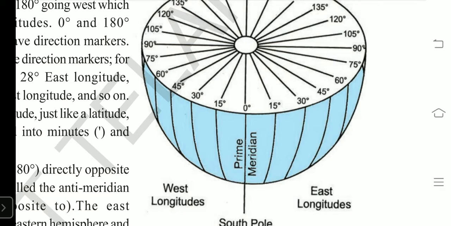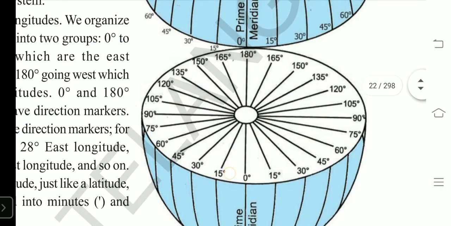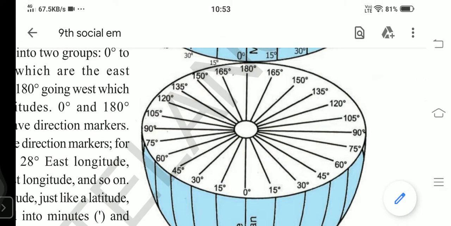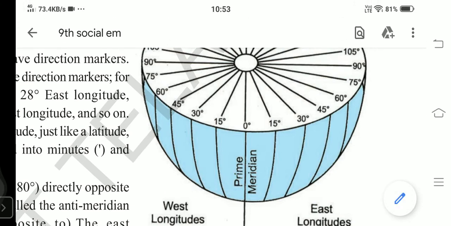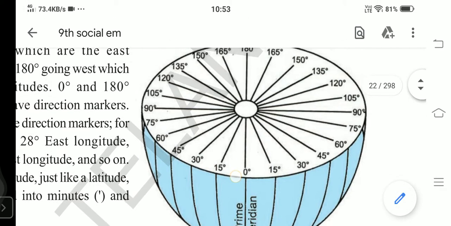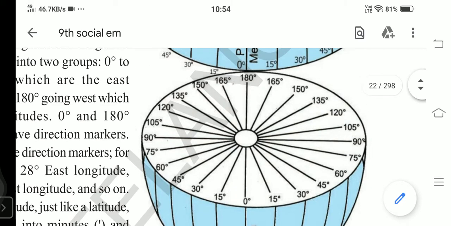Okay, so here the 180 longitude is also called the anti-meridian, as it is opposite to the prime meridian, right? The prime meridian is 0 degree, opposite to the prime meridian 180 is there, so the 180 degree longitude is also called the anti-meridian.